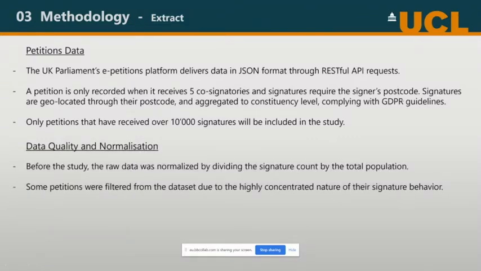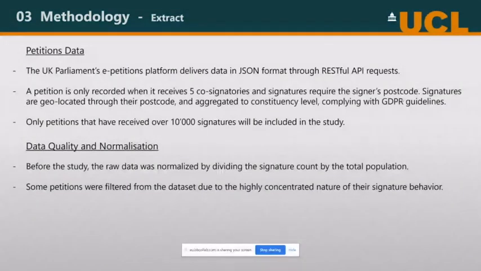The data had to be normalized by the population before starting the study, and some of the petitions being highly concentrated in nature were not included. For example, if a particular A&E centre in Huddersfield was threatened with closure, a lot of petitions to keep it open would be signed by local people.